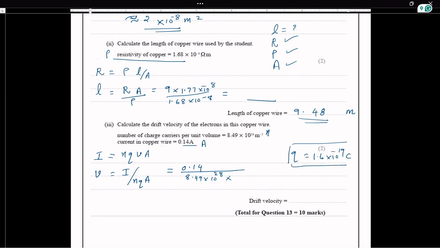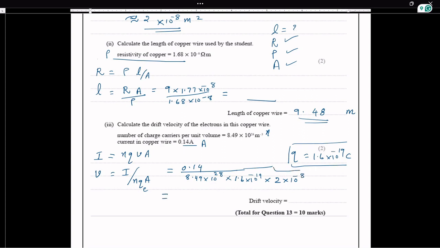So this Q means Q of the electron. Charge of the electron, 1.6 times 10 to the power of minus 19, times A. Area we already calculated previously. Area is 2 times 10 to the power of negative 8. We already calculated.